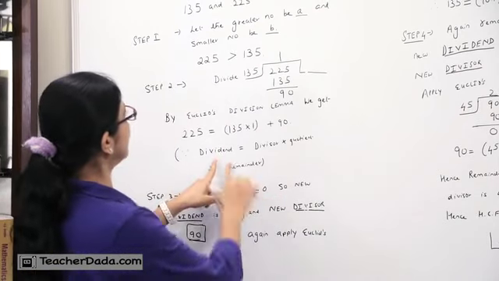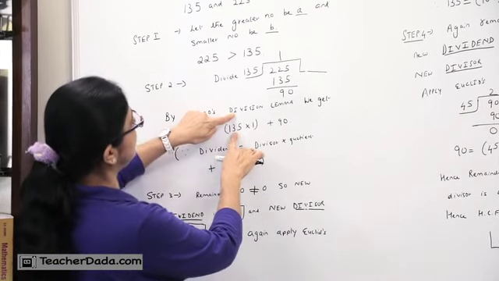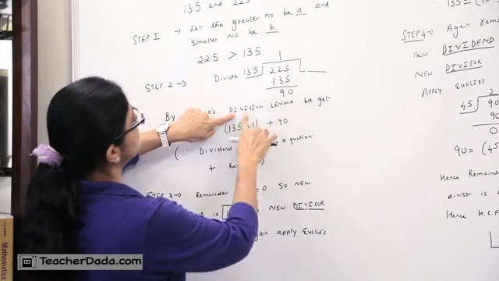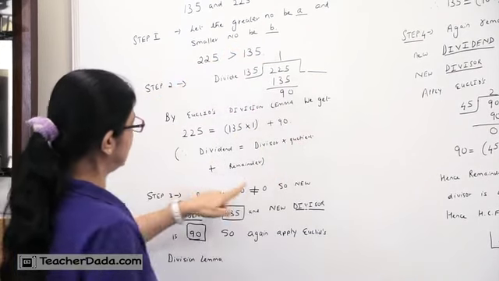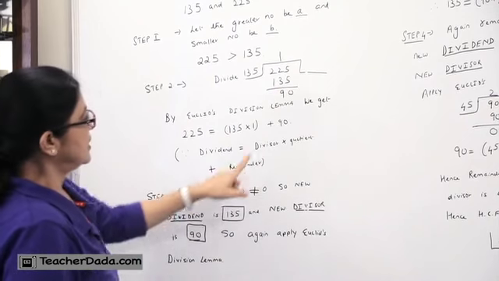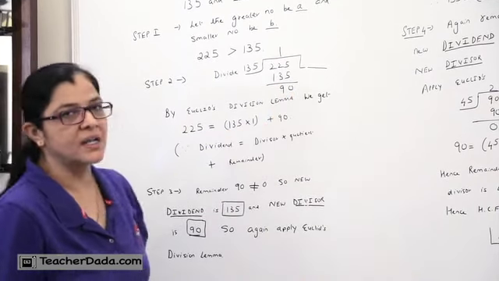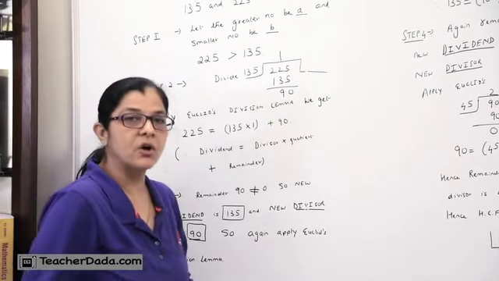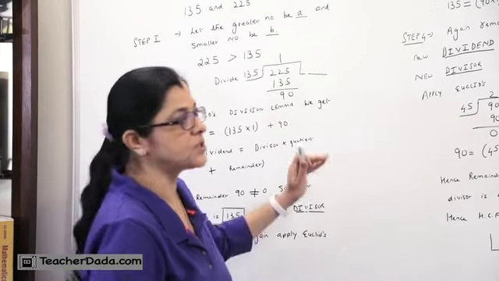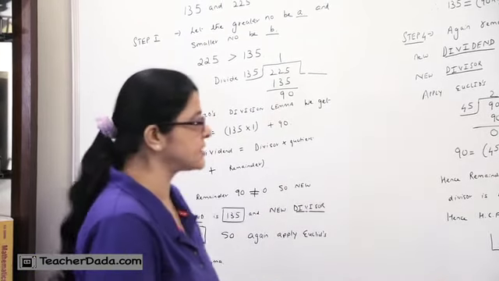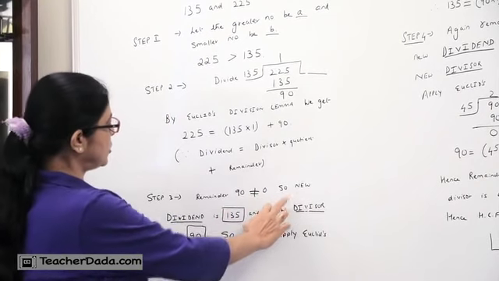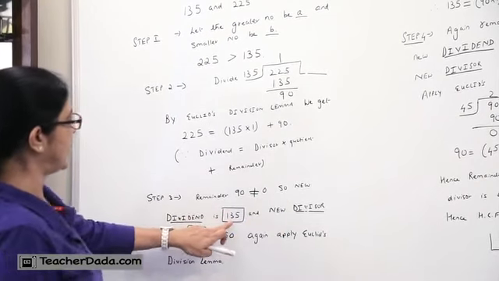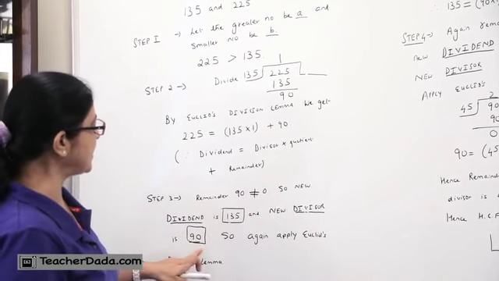So dividend, that is 225, is equal to divisor, that is 135, into quotient 1 plus remainder 90. Now step 3: as you can see, the remainder is not equal to 0. So till we don't get the remainder as 0, we have to proceed with the same steps. Remainder 90 is not equal to 0, so the new dividend will be 135 and the new divisor will be 90.